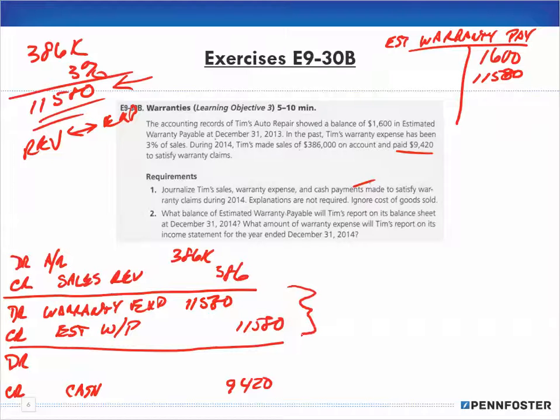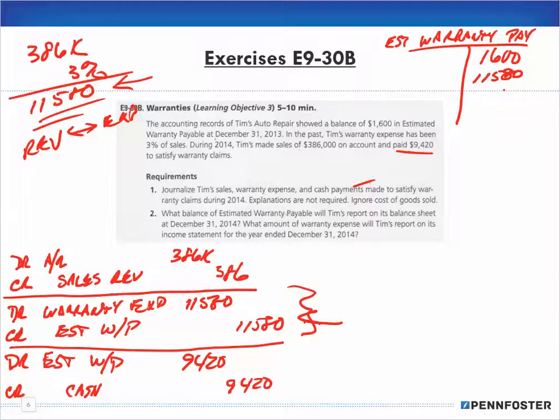This entry is what we made in order to book our expense originally. So the expense has already been incurred. It's already hit our books when we make this journal entry. But when we pay out the payable, that is a liability. So I will debit my estimated warranty payable for the $94.20.